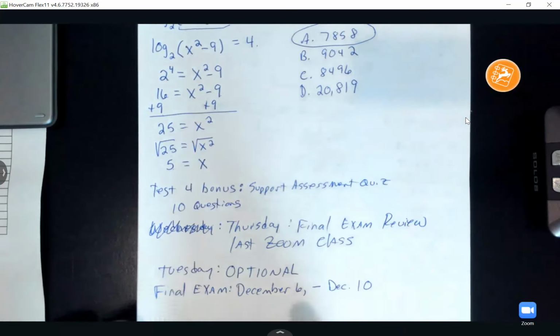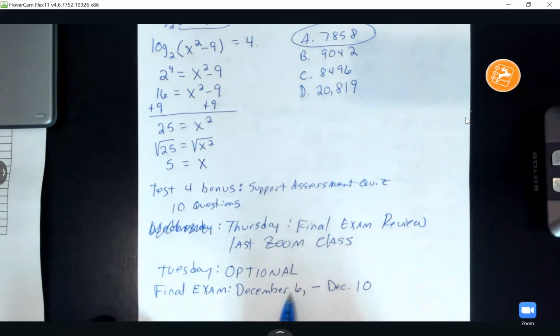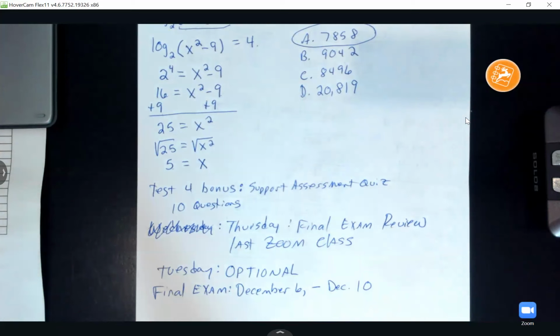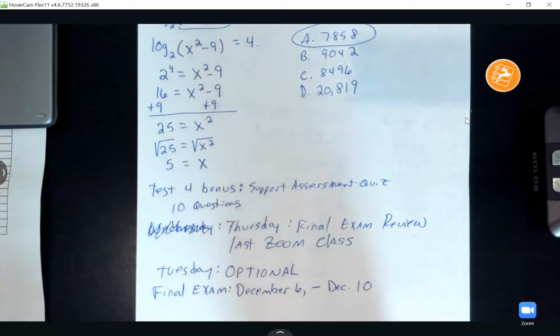So you have the 6th, 7th, 8th, 9th. So 5 days you have to get that final exam done, okay? Now, after Sunday the 10th, starting that Monday, I'll figure out final grades. I'll drop low tests and do all that fun stuff so that I can get you pretty aware of what your grade's going to be, okay?